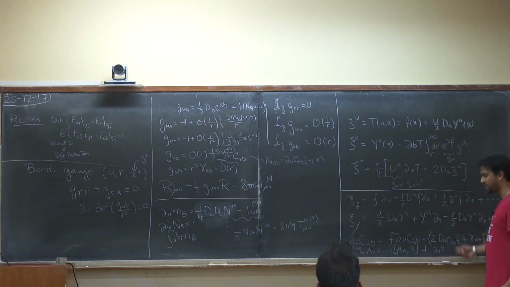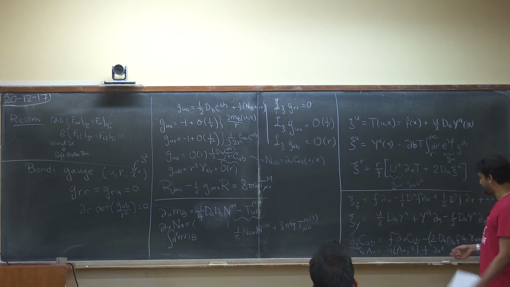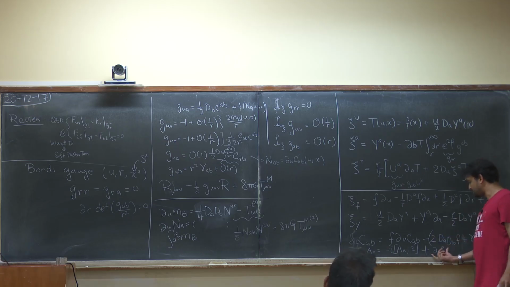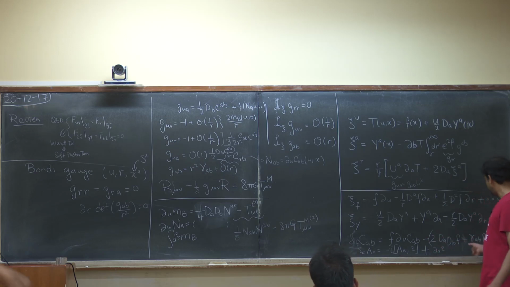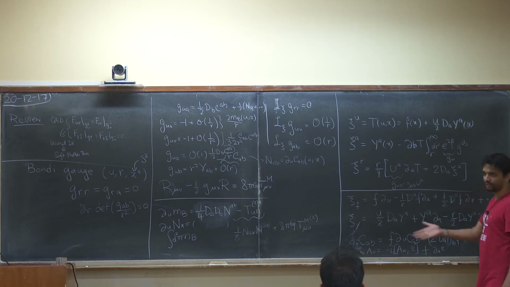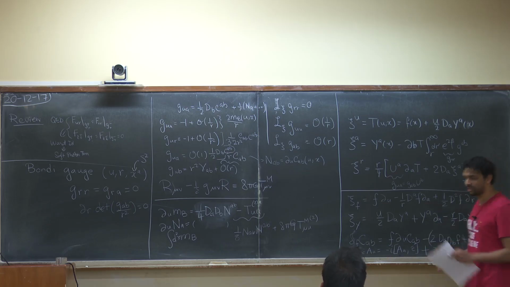These two are very analogous. And we'll see that supertranslations are the gravity analogs of gauge transformations. For instance, the symmetries for which this term vanishes are the global gauge transformations, the ones you are familiar with. For the symmetries for which this term vanishes, you can solve this equation exactly. There are exactly 4 solutions, and those are the 4 translations that you're already familiar with. So this is just a generalization of that.